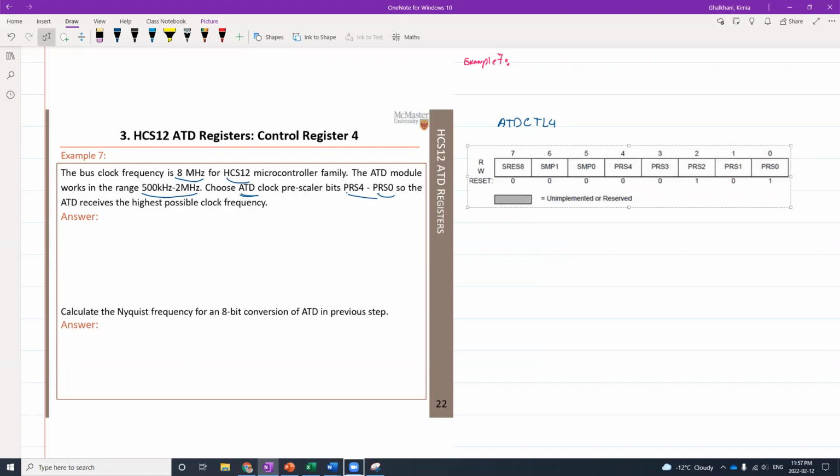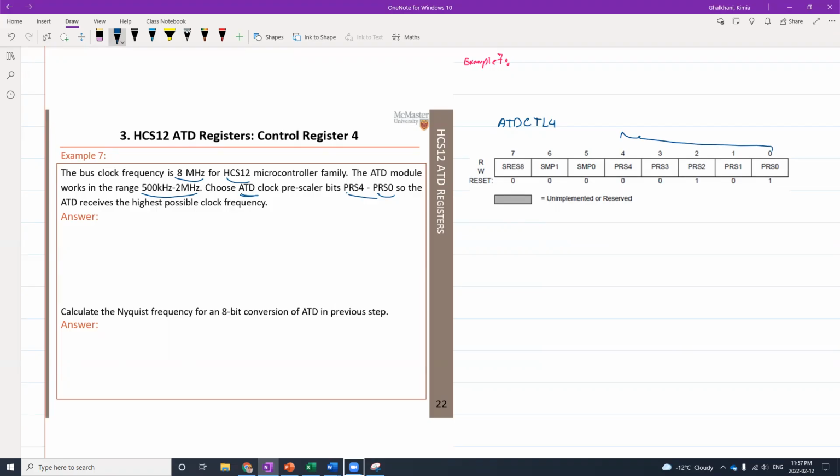This is the structure of the register 4, remember? So in here, bit 4 to bit 0 will do the pre-scaling. Look at here, PRS, and so on. So these are all going to do the pre-scaling.